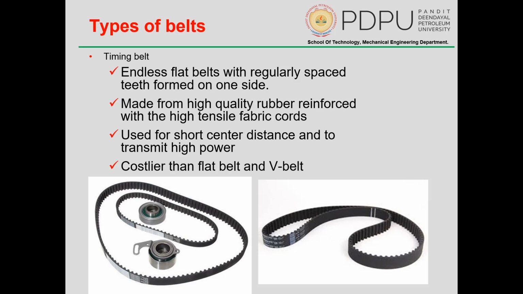Obviously they are costlier than the flat belt or V belt, and it is used for short distances and to transmit very high power. This is also made of high quality rubber reinforced with high tensile fabric cords.